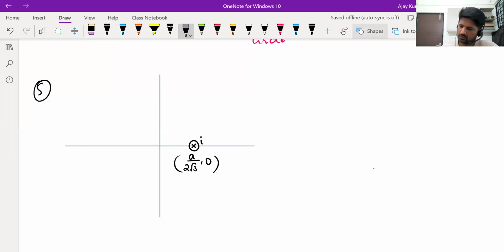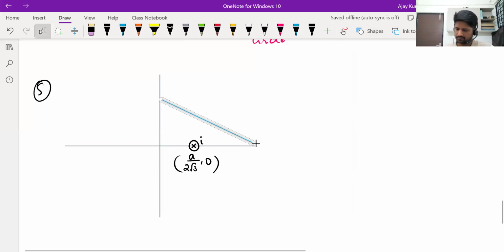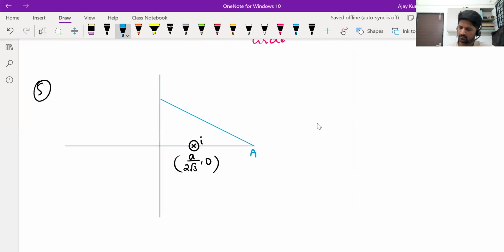I want you to find out integral B dot dl over a path like this. Let's say this is point A. Its coordinates are a root 3 by 2, comma 0.